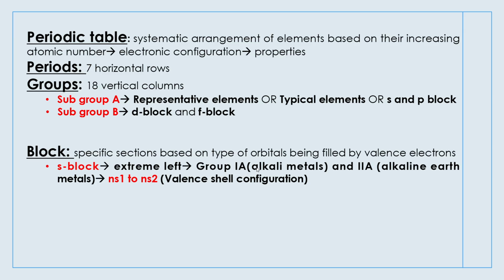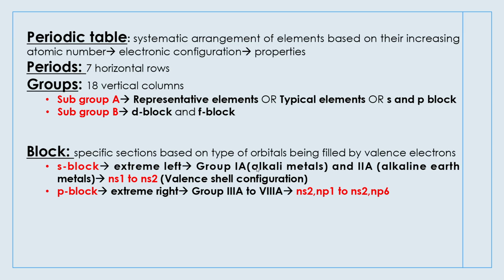It includes 2 groups, which are group 1A, alkali metals, and group 2A, alkaline earth metals. Since the S orbital contains a maximum of 2 electrons, the valence shell configuration for the S block will be from ns1 to ns2. It means the minimum electrons the S orbital can have is 1 and the maximum is 2.